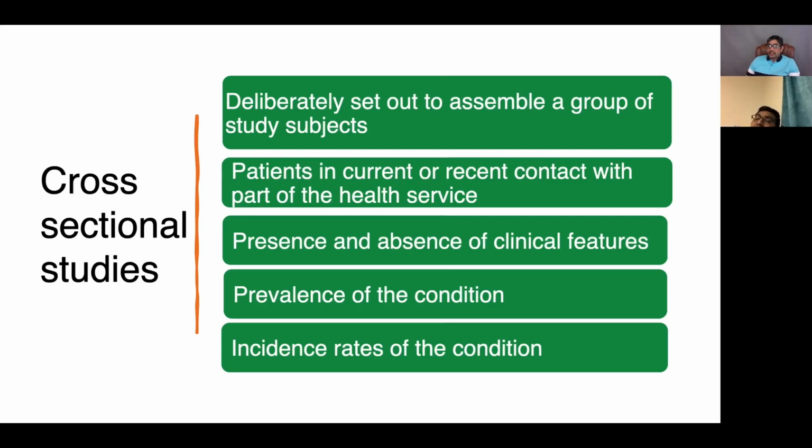Similarly, colon cancer in the UK is about 9 to 10%. This came from a cross-sectional study among subjects aged more than 55 years old. So it's important that cross-sectional studies give an insight into the incidence and prevalence of the disease in epidemiology.